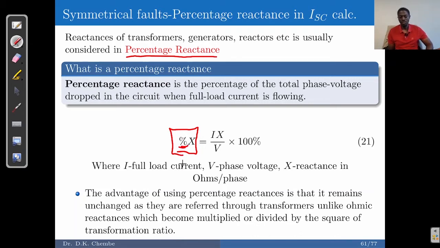The advantage of using the percentage reactance is that it remains unchanged as it is referred through transformers, unlike ohmic reactances, which become multiplied or divided by the square of the transformation ratio. So the transformation ratio does not affect the percentage reactance, and this makes it easier to do calculations in the power system.